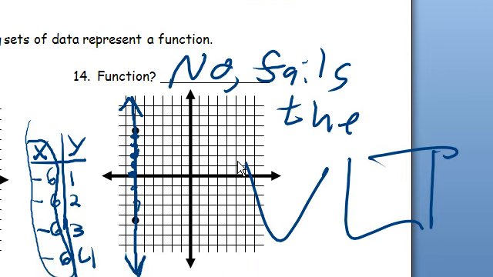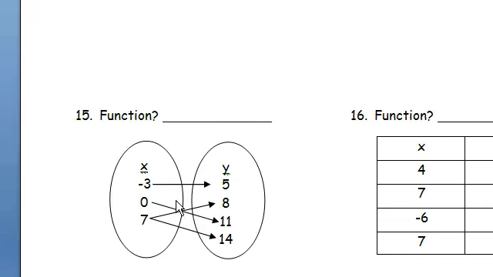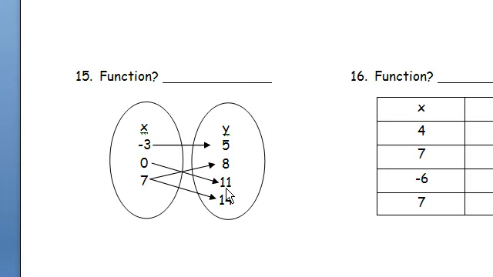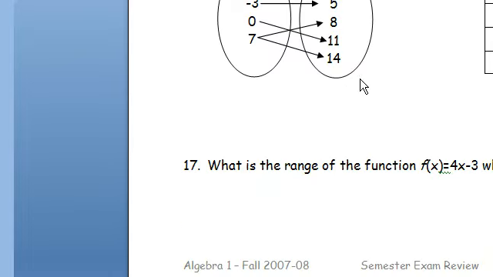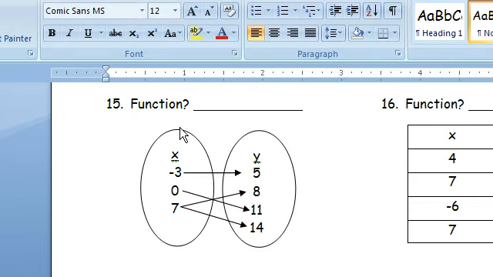Okay, let's take a look at 15 and 16. Very similar types of problems. So for number 15, let me turn my pen on. Here we go. So for 15, is this a function?